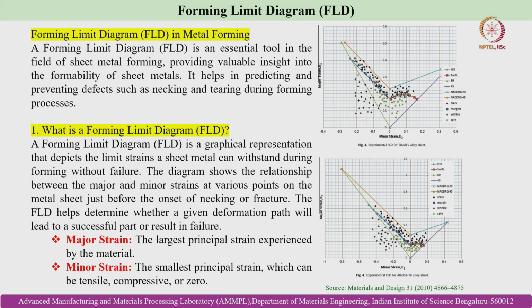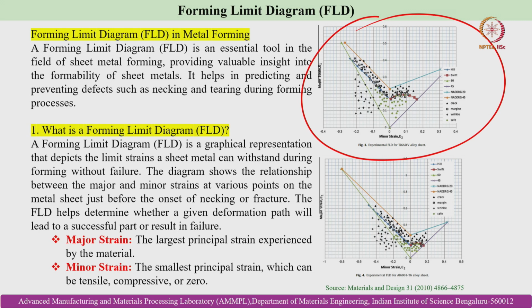So, here let us come back to the forming limit diagram. This is a typical forming limit diagram, which is an essential tool in the field of sheet metal forming, providing valuable insight into the formability of sheet metals. It helps in predicting and preventing defects such as necking and tearing during forming processes. So, what is FLD? FLD is a graphical representation that depicts the limit strains a sheet metal can withstand during forming without failure.